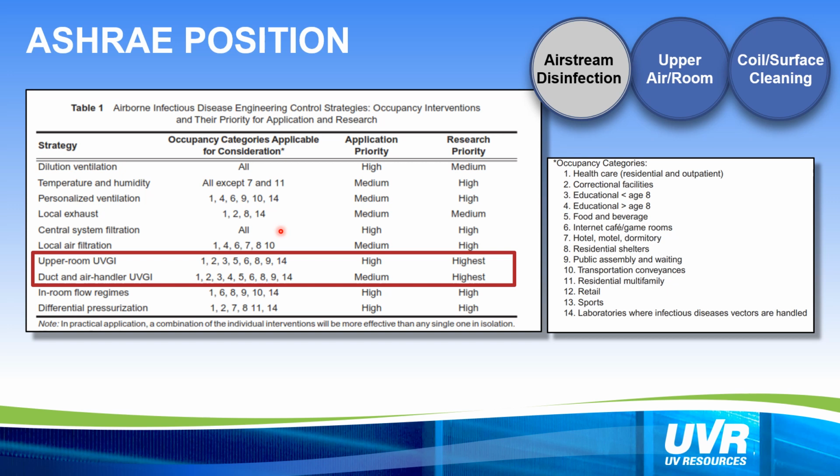Can we go from a MERV 8 to maybe a MERV 13 filter? And can our air handling units handle that extra static pressure? Can we bring in roll-in-the-room units, local air filtration type devices? Can we place upper room UVGI in, again in many of the categories? In-duct and air handling UVGI is another one. In-room flow regimes, differential pressurization.